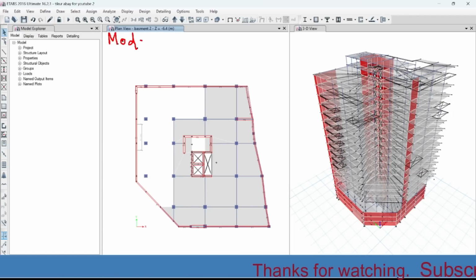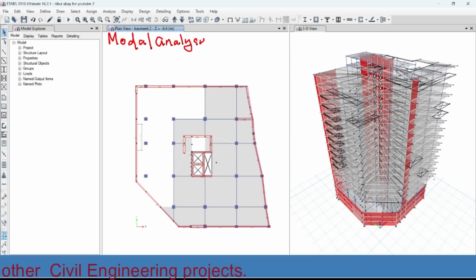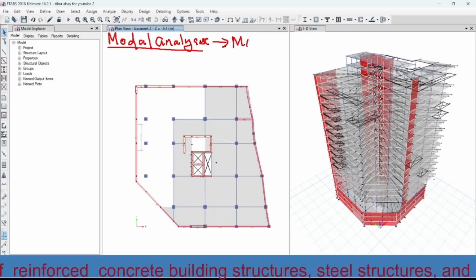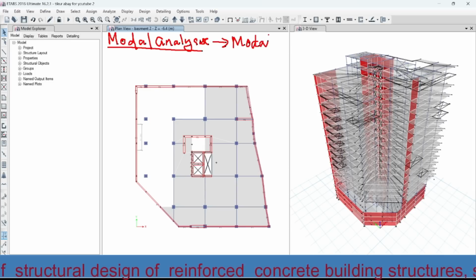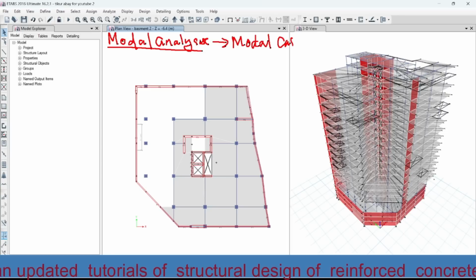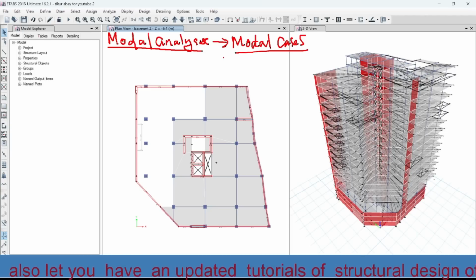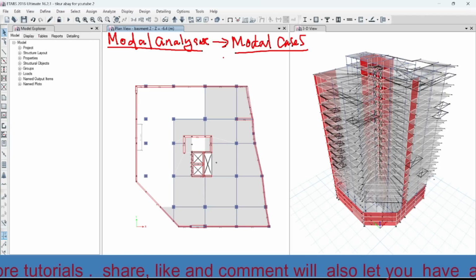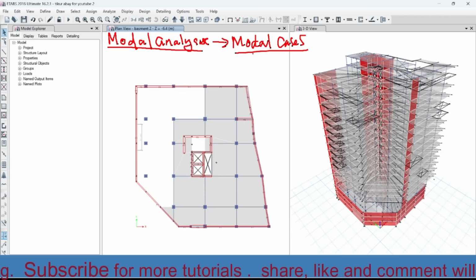So, what is modal analysis? The modal analysis uses the modal cases. So first we need to define the modal case so that ETABS will automatically run the modal analysis.